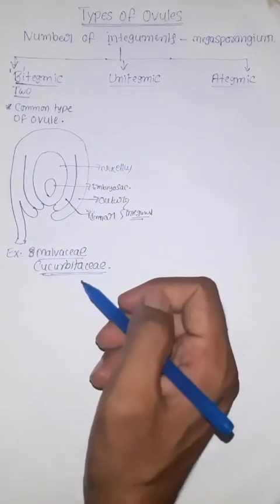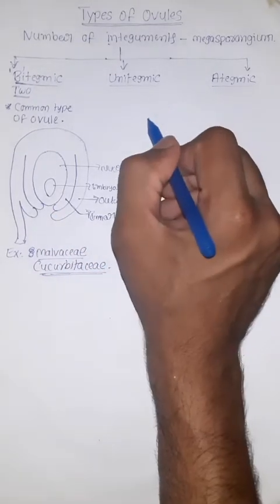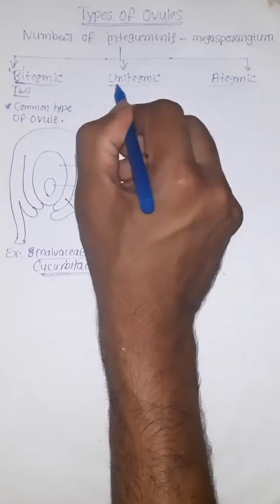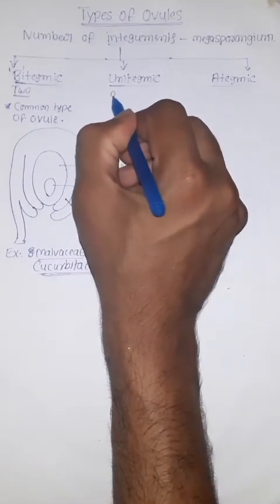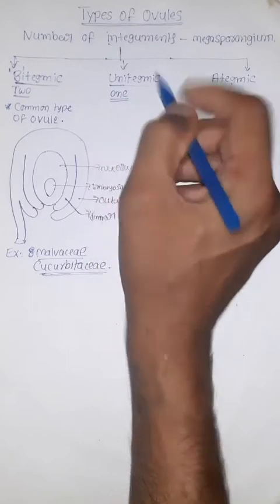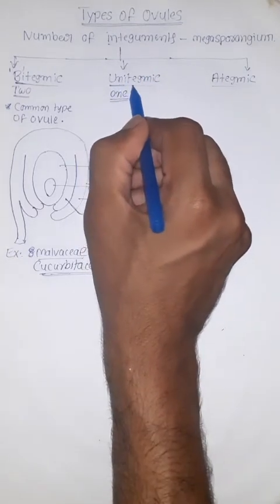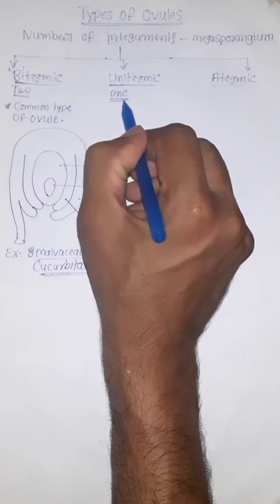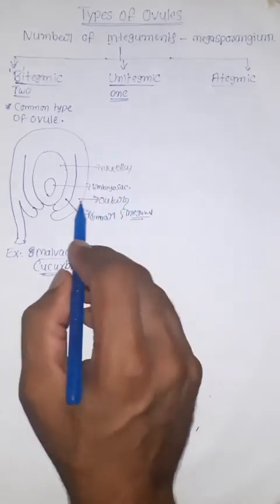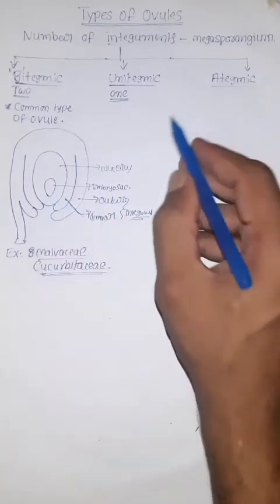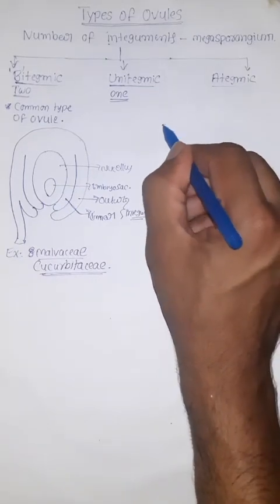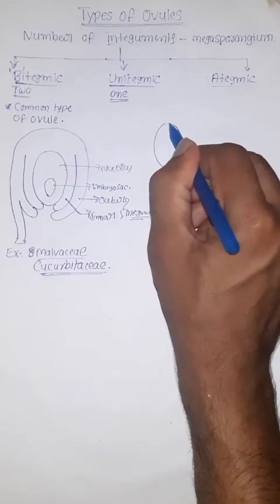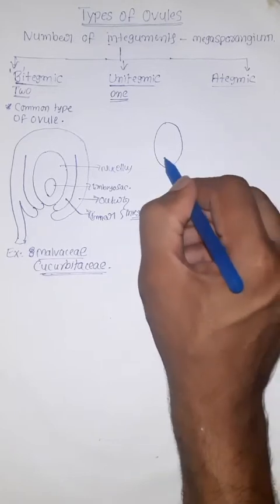Next, unitegmic ovules. Uni means one. Otherwise monotegmic also we can use. Unitegmic consists of one integument around megasporangium. Means you can simply draw the diagram like this. This is megasporangium or nucellus.